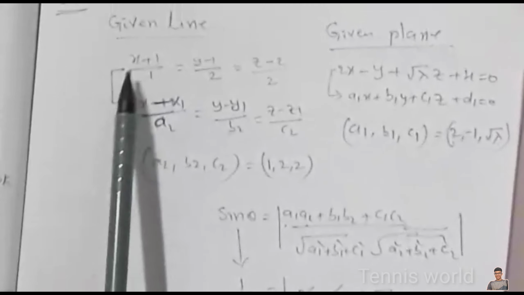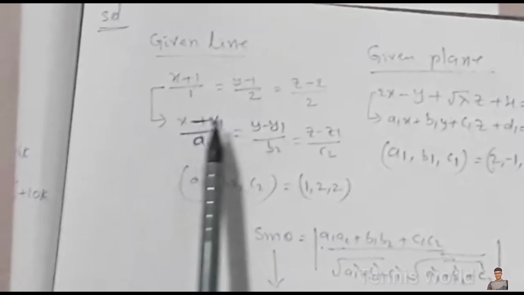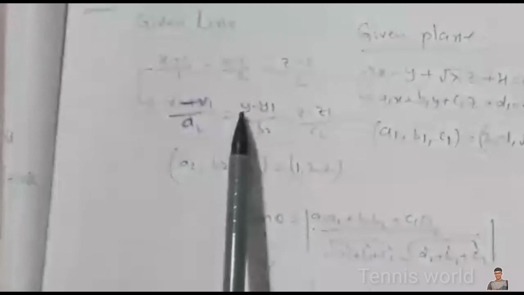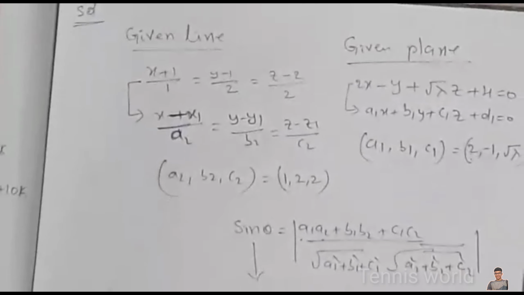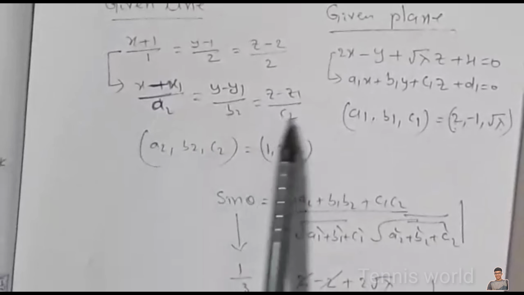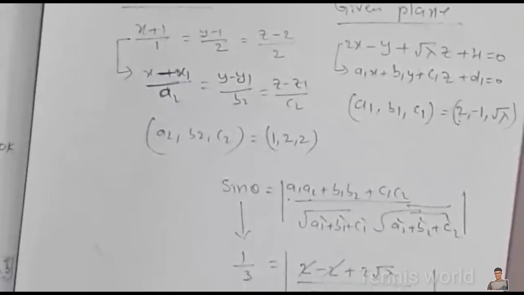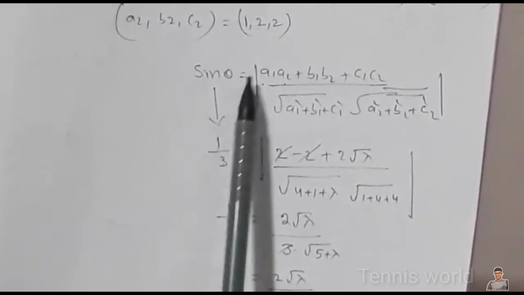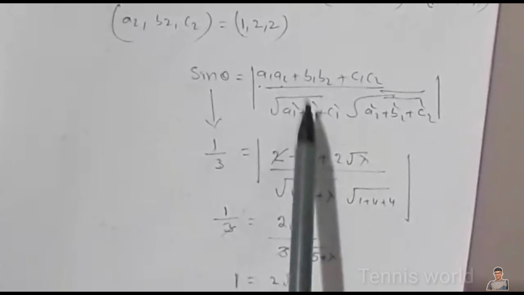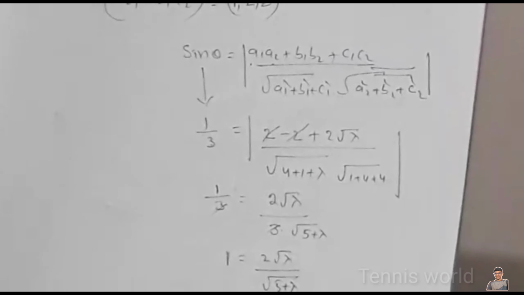Then compare the given line with x minus x1 by a2 is equal to y minus y1 by b2 is equal to z minus z1 by c2, so that you get a2, b2, c2, the direction ratios of the given line. Then write the formula: sin theta is equal to a1a2 plus b1b2 plus c1c2 by root of a1 square plus b1 square plus c1 square, root of a2 square plus b2 square plus c2 square.